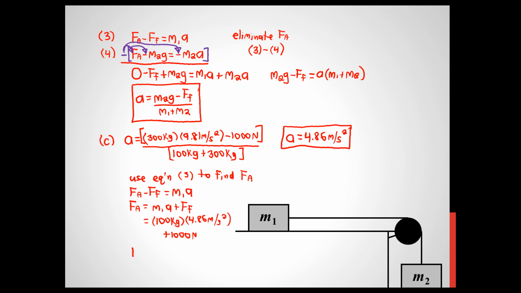And that's going to give me the applied force would be equal to, you're going to have to write this in scientific notation, 1.49 times 10 to the 3 newtons. Or if you want to, you can just divide by 1,000 and write it in kilonewtons. You could write down 1.49 kN.